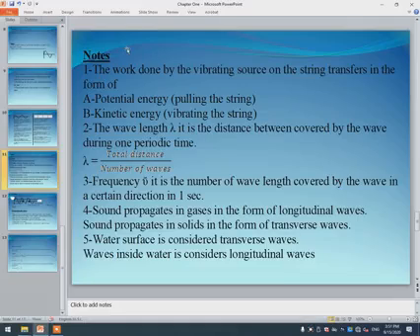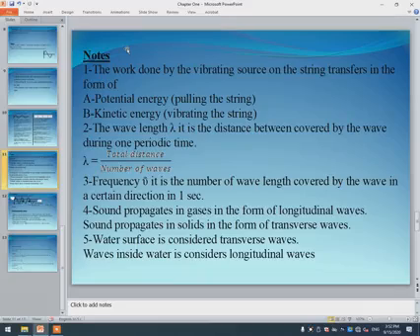Number one, the work done by the vibrating source on the string is transferred in the form of two energies. If you have a string and you pull this string downward and leave it, this string will keep moving up and down, up and down, up and down till the energy ends.